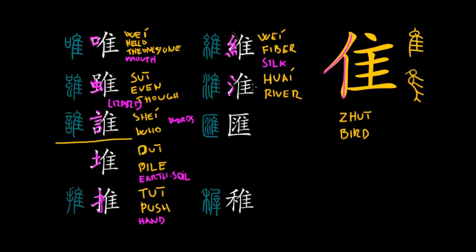So it's definitely the phonetic element, but probably it has sort of this co-semantic dimension to it. And the reason for that is that it is basically a river where a lot of these birds reside. So apart from the fact that Zhui is giving the sound to this character, it also is giving a little bit of a meaning to the character as well.